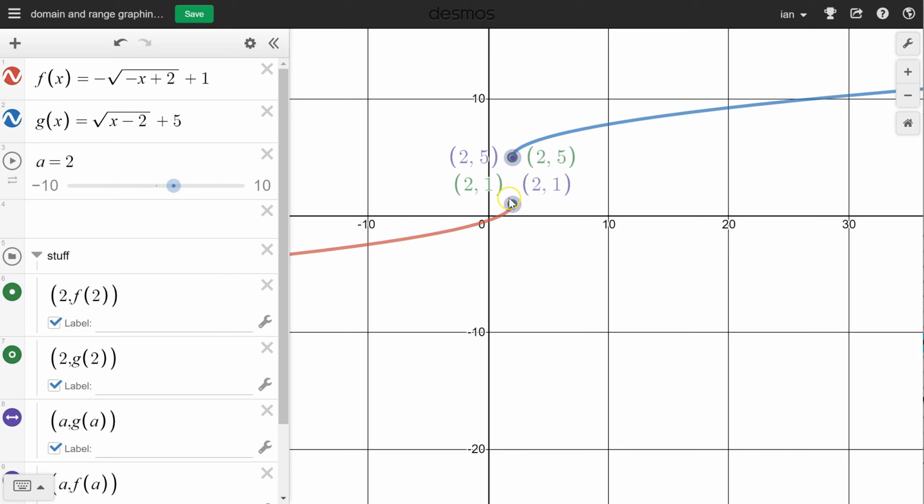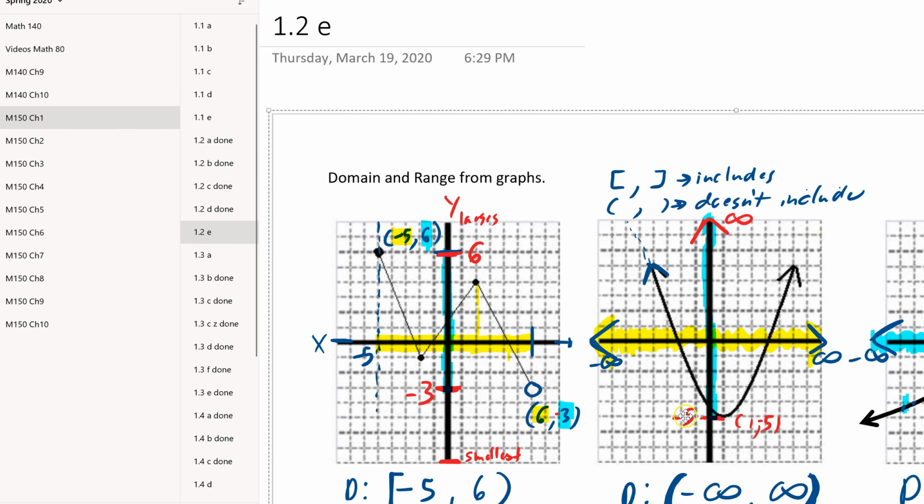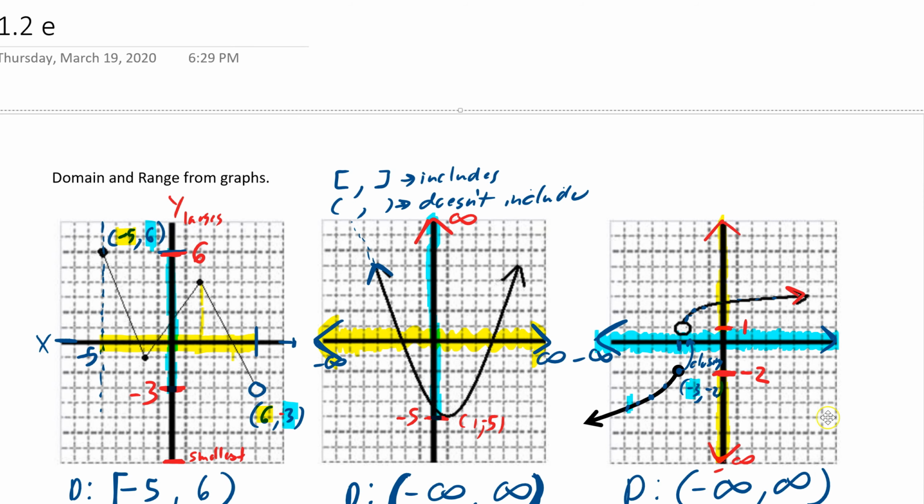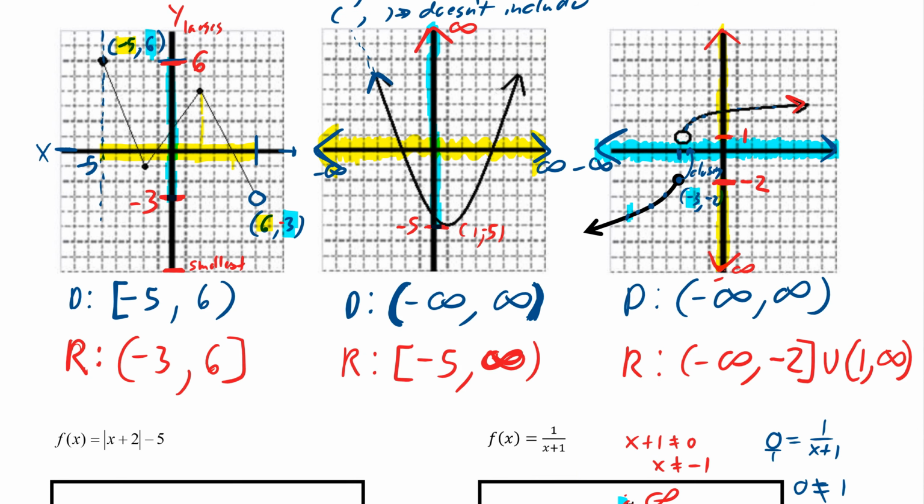But at 2, we do have a value. See, at 2, there is a value. So there is an x value from negative infinity all the way to positive infinity as it goes off to infinity. And that's why we are getting this negative infinity to positive infinity.